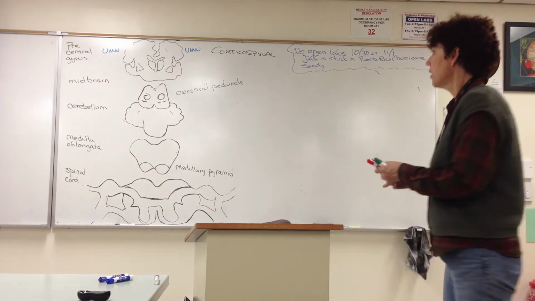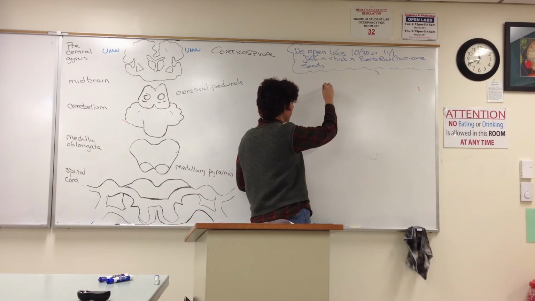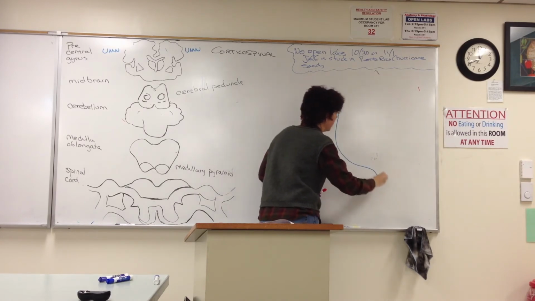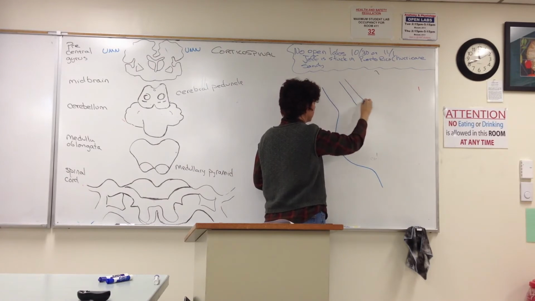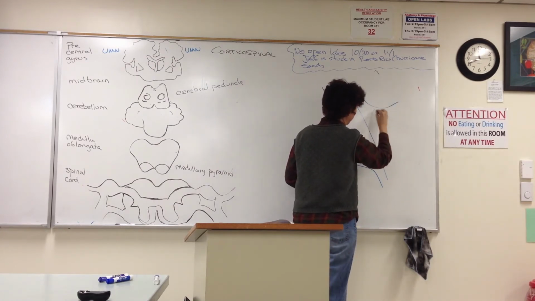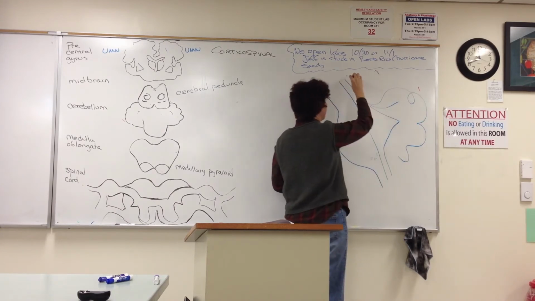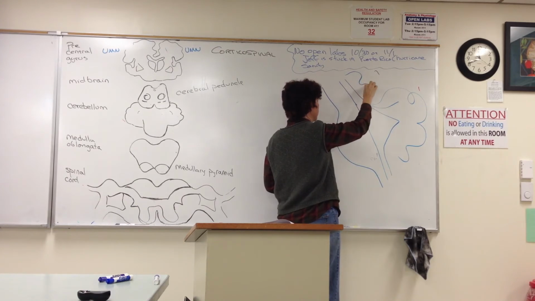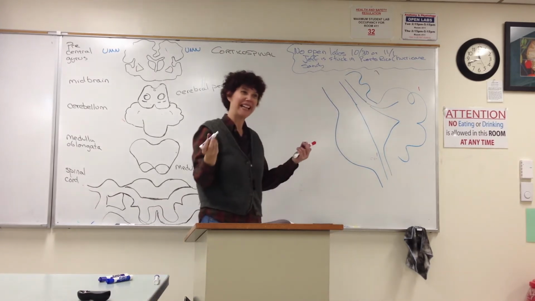The word tecto refers to roof. So if this is the midbrain and pons and spinal cord, and here's the cerebral aqueduct, and cerebellum forming the fourth ventricle, what would these two structures right here be? Superior and inferior colliculi.